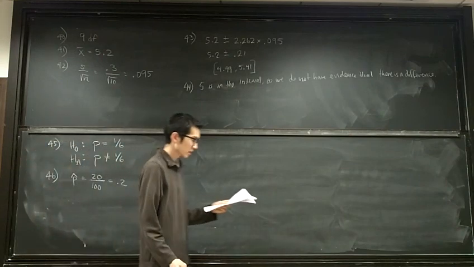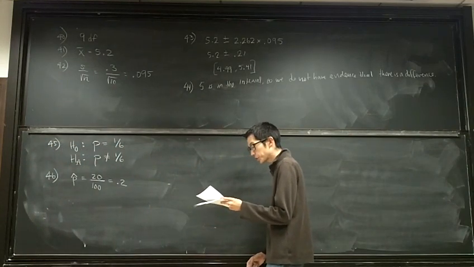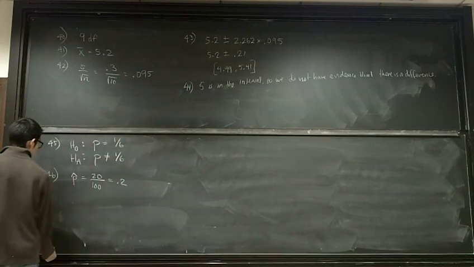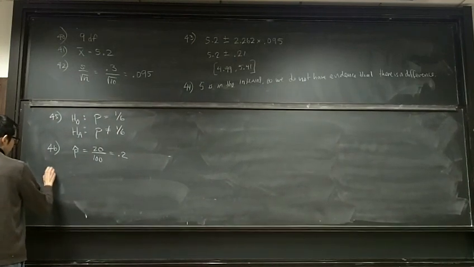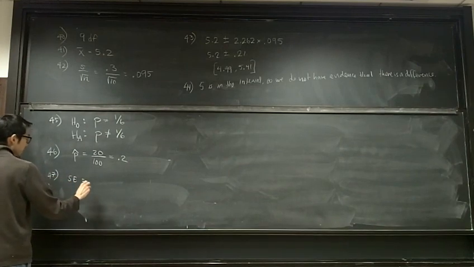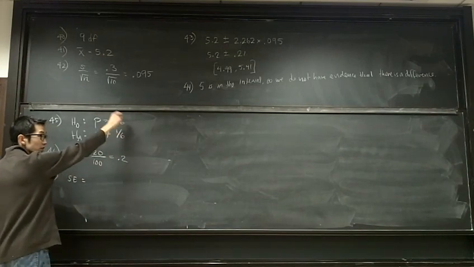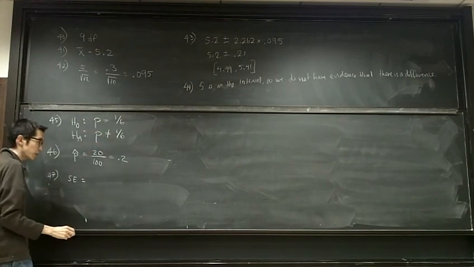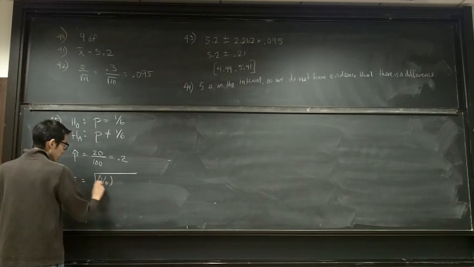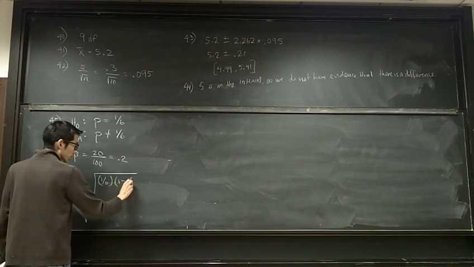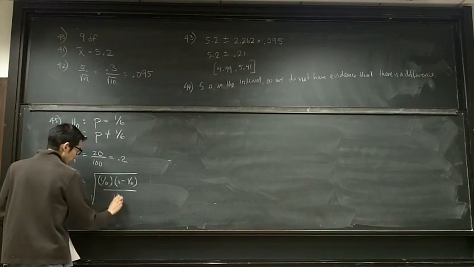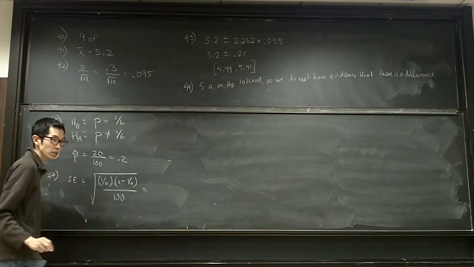Okay. What's the standard deviation in this case? All right. So for a hypothesis test, the standard error, the standard deviation comes from the number in the null hypothesis. So it's going to be 1/6 times 1 minus 1/6 divided by n, which is 100, under a square root.